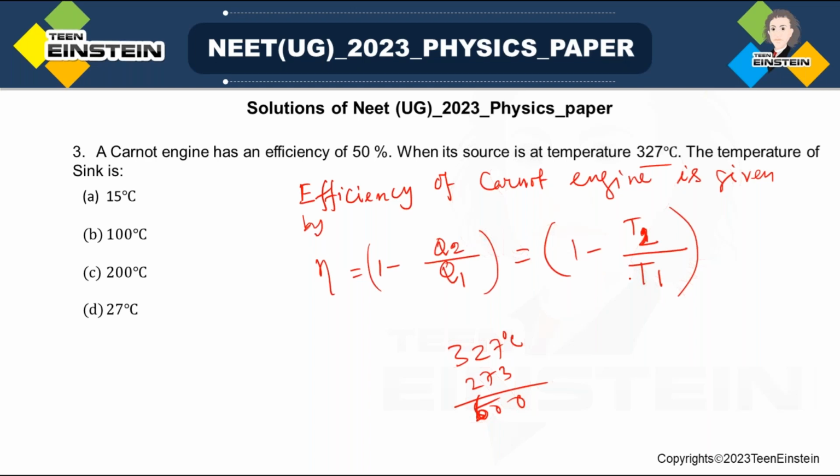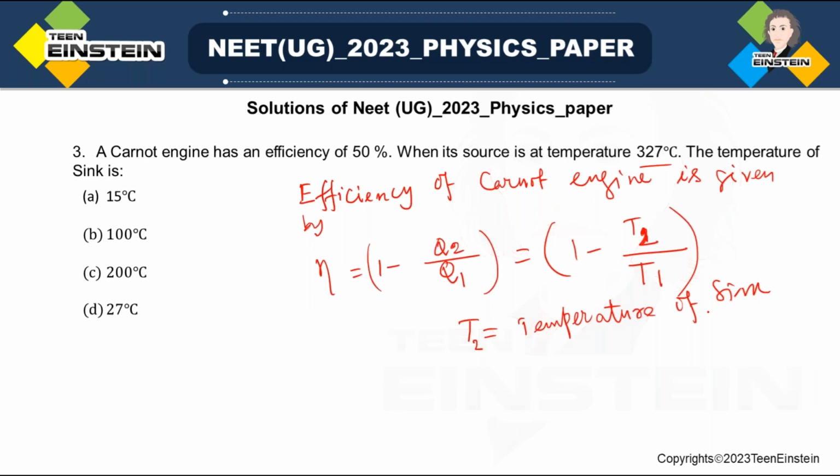So 600 by T1. T1 is the source temperature and sink temperature is T2. So this is the temperature of source, sink. T1 is the temperature of source. Okay.